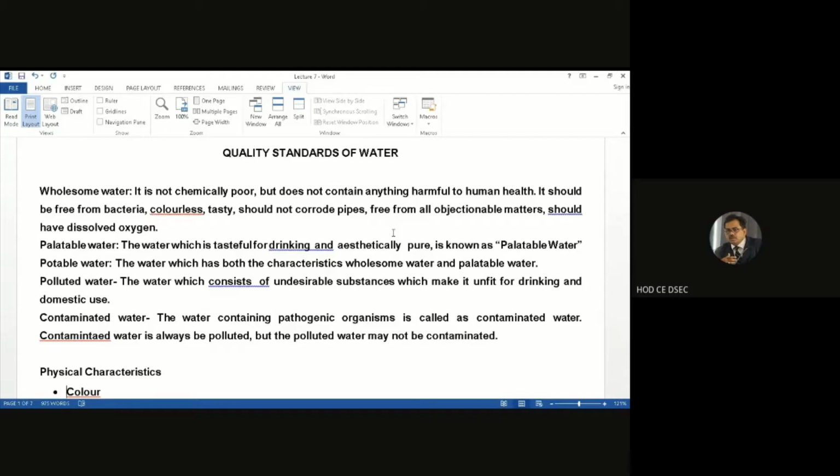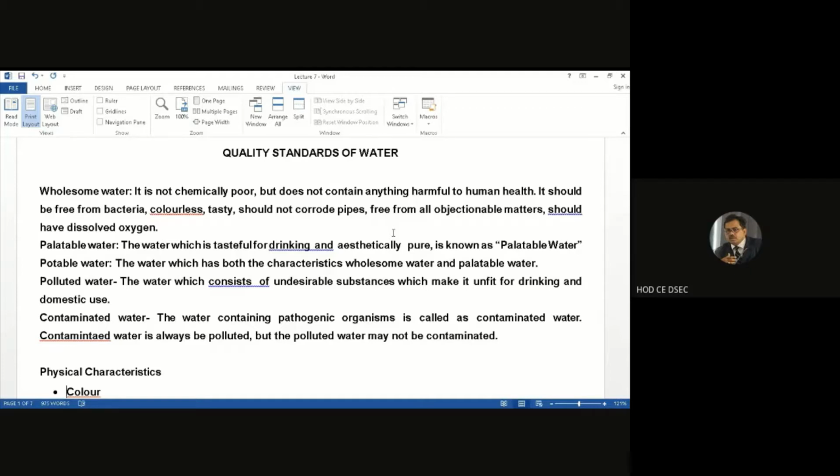It should be free from bacteria, colorless, tasty, should not corrode pipes, free from all objectionable matters, should have dissolved oxygen. These are the characteristics of the wholesome water. That means this water may have some salts. So that's why at the very beginning I mentioned that it is not chemically pure, but does not contain anything harmful to human health.